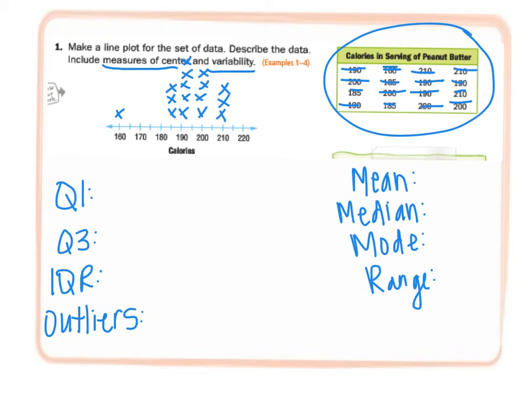Okay, so here I'm going to say the answers. The median is 190. The range is 50, because you take 210 minus 160 and you get 50. Our mode is also 190.